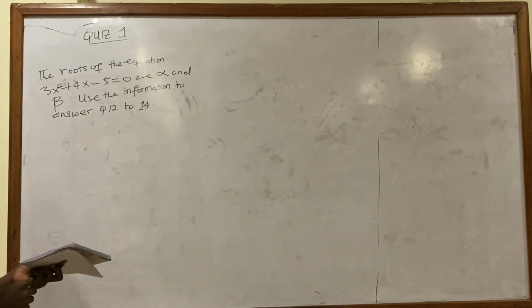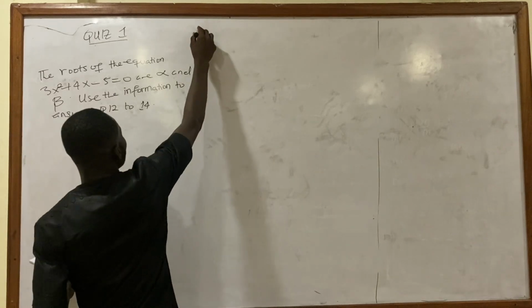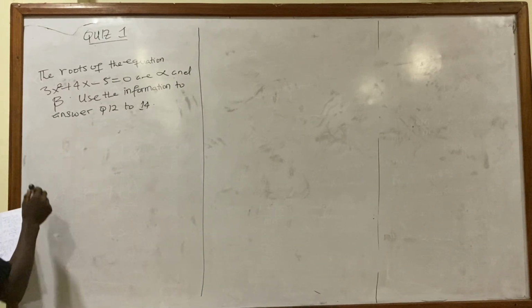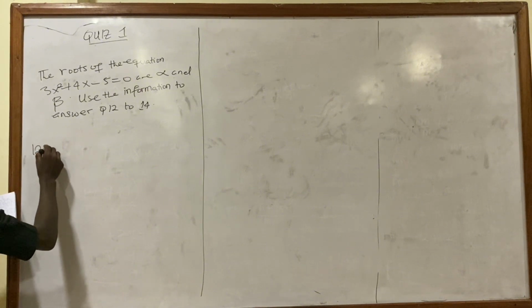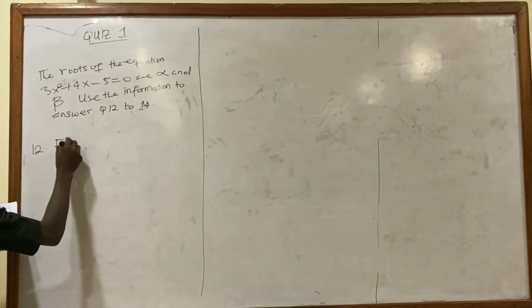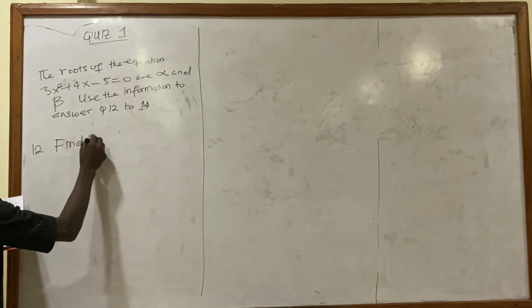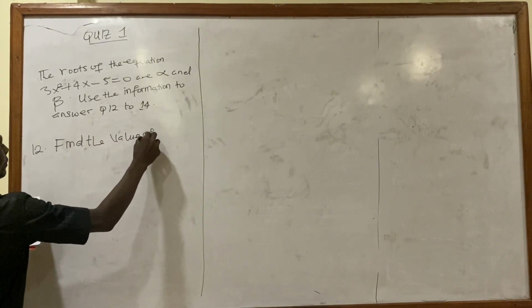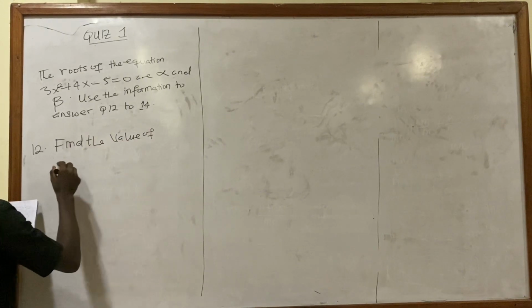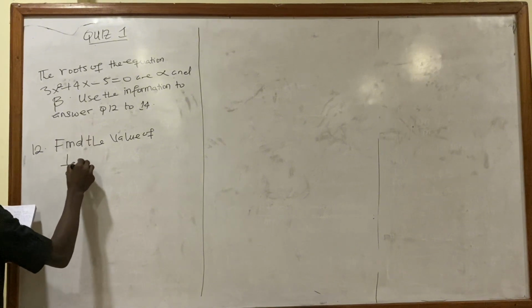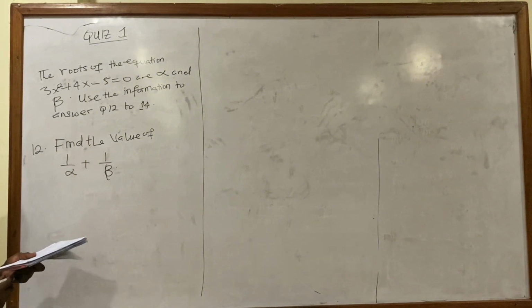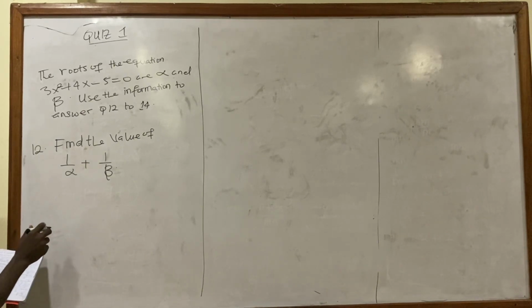All right, so this question is following a format like we just did. Question 12, they said we should find the value of 1 over alpha plus 1 over beta.